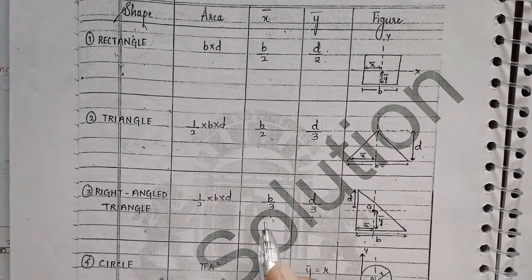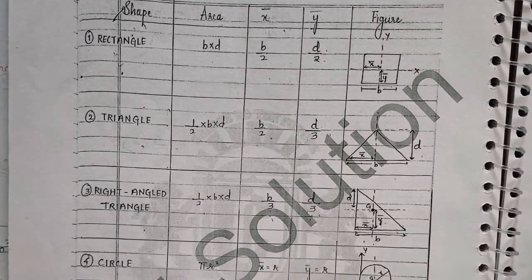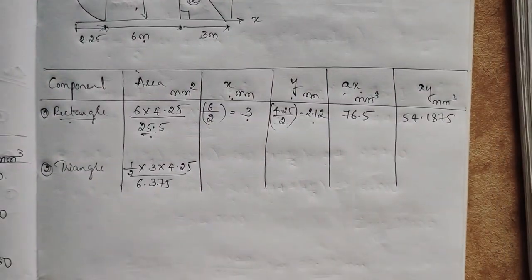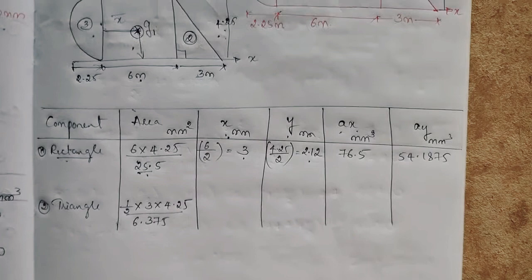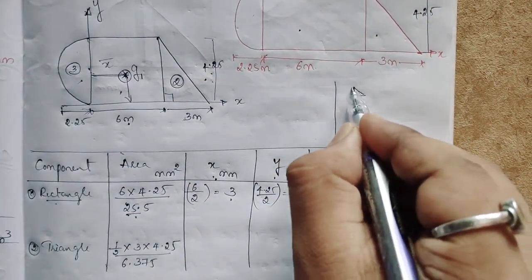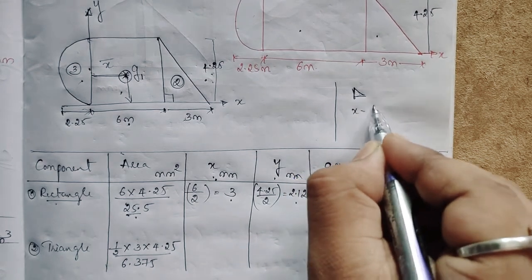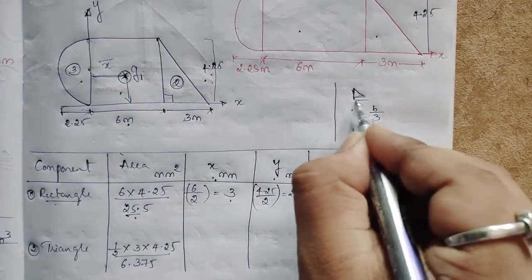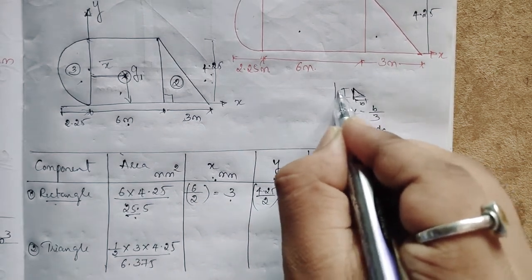Okay, please remember the point, b by 3 and d by 3. So the formula I'll write here: for a right angle triangle, the x value is equal to b by 3, the y value is equal to d by 3, where this is b and this is d.